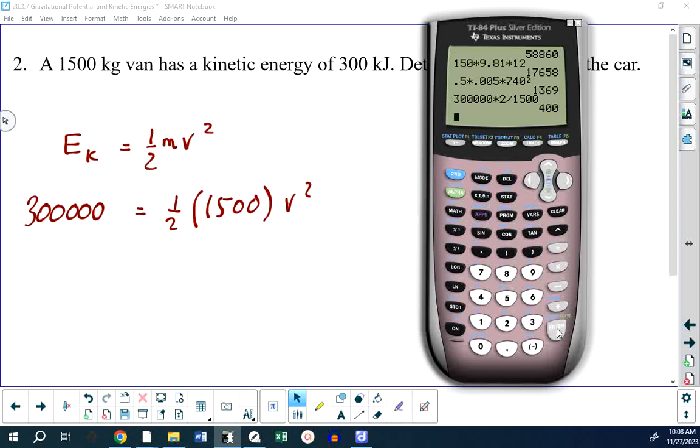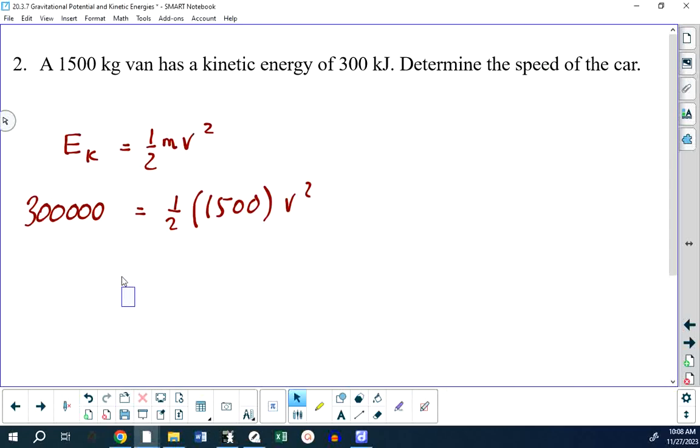I don't want you thinking of this as 0.5. I want you taking the energy, doubling it, dividing by the mass, and taking the square root. We're going to get 20. I can see that the square root of 400 is 20. So it's 20 meters per second. Any questions with number 2?